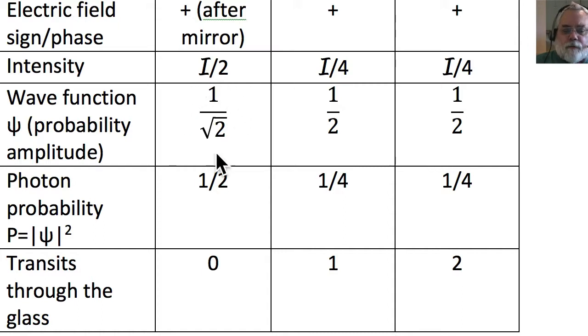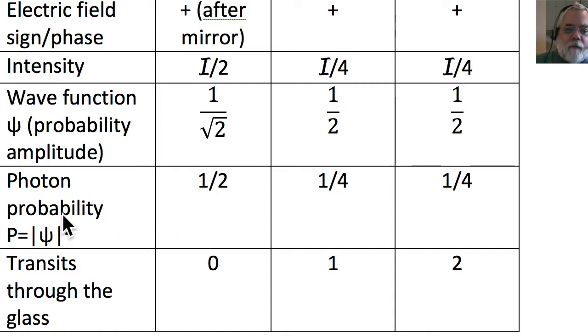So entering beam splitter 2, its wave function is 1 over square root of 2. And when we multiply that by 1 over square root of 2, we get 1/2 for the wave function heading toward detector D0 or detector D1, with no further phase change in either case.